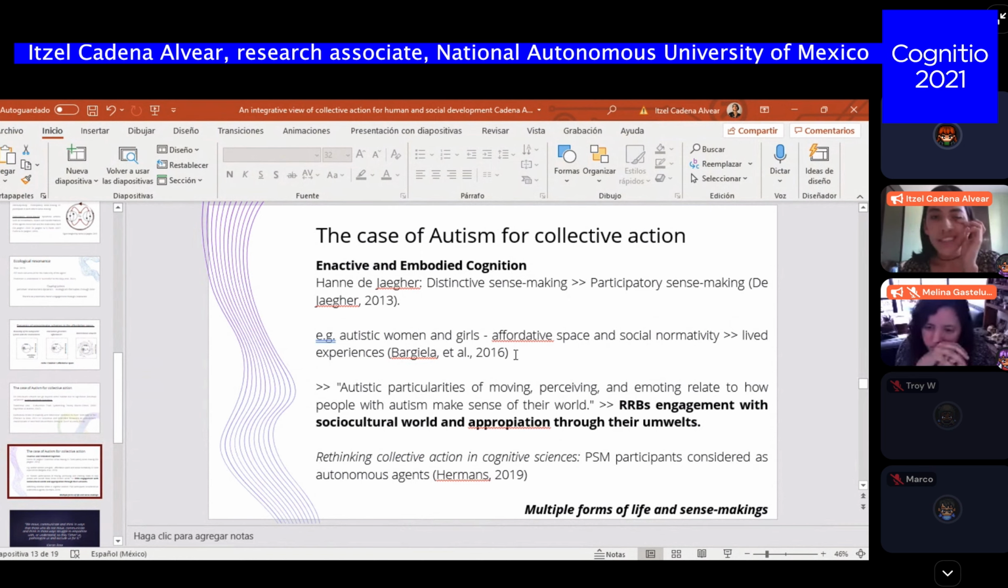So we put here an instance that is pivotal because I think it shows how the social affordances, how the affordance space is involved: the case of autistic women and girls. They not only depart from a distinctive sense making, but they also depart from the social pressure, from a social normativity that is in the gender structure of femininity, in which they show how they have to mask the autistic traits during their development, because the social pressures of femininity for them are really, really tough.